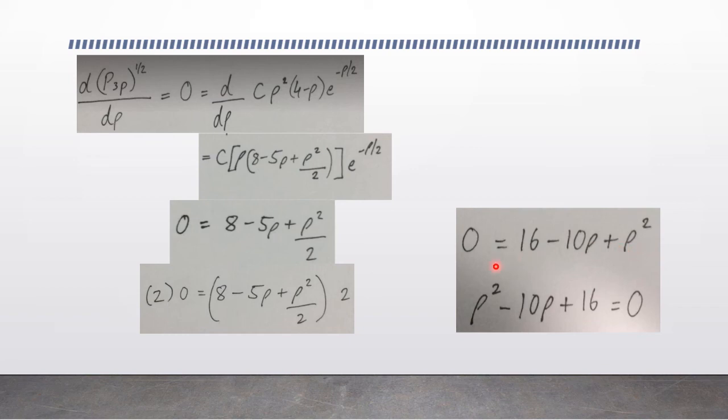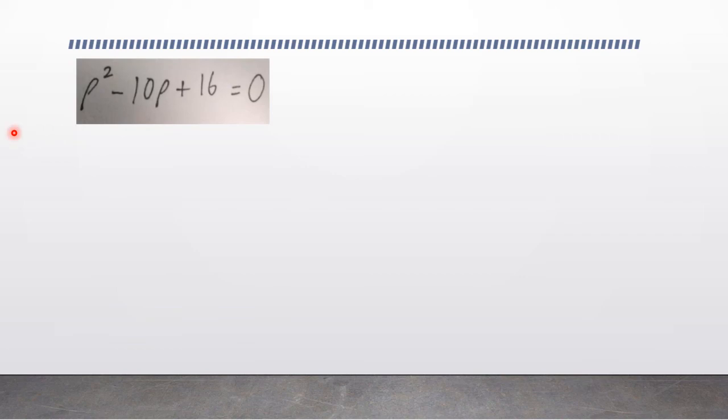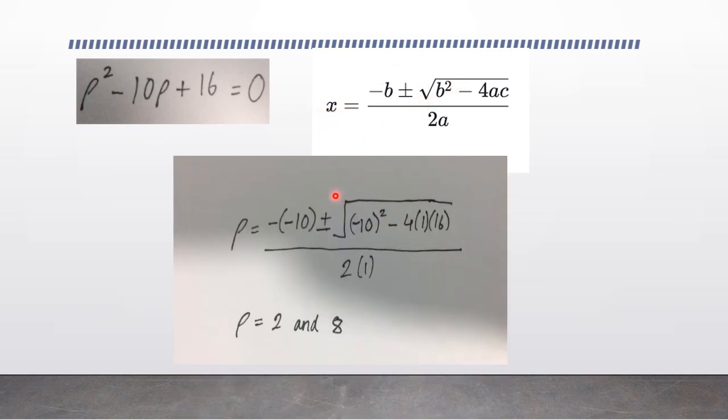Just rearranging to the form ax squared plus bx plus c, you'll end up with this. Now we know that a is equal to 1, b is equal to negative 10, and c is equal to 16. Using the quadratic formula and substituting the values here, we get two answers: rho is equal to 2 and 8.